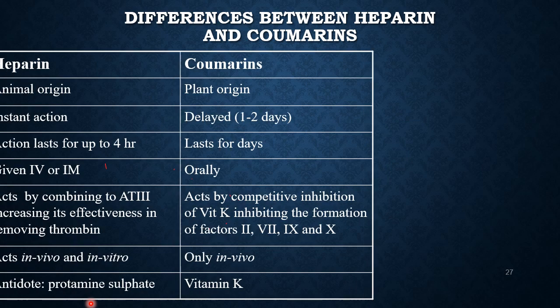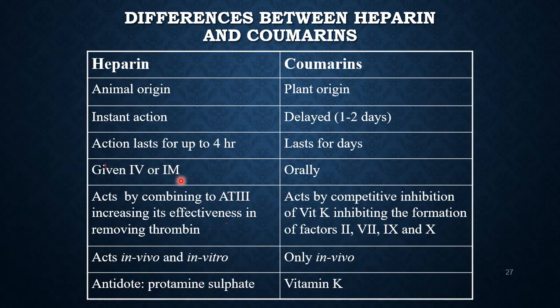This simply outlines the differences between the two major in vivo anticoagulants, heparin and the coumarins. So we talked about heparin and dicumarol. Heparin is from an animal and coumarols are from plants. We talk about dicumarol, the parent of the coumarins.